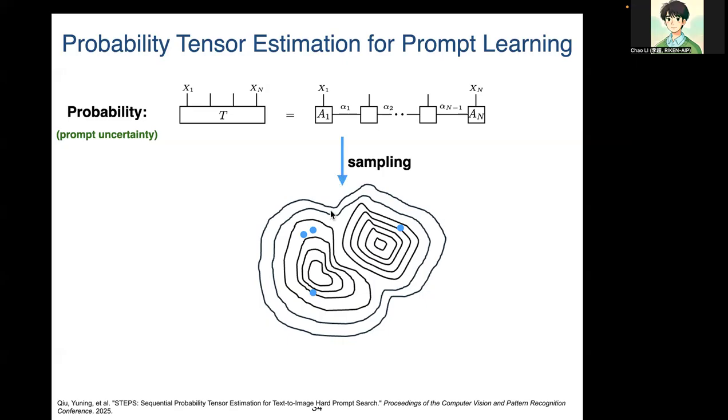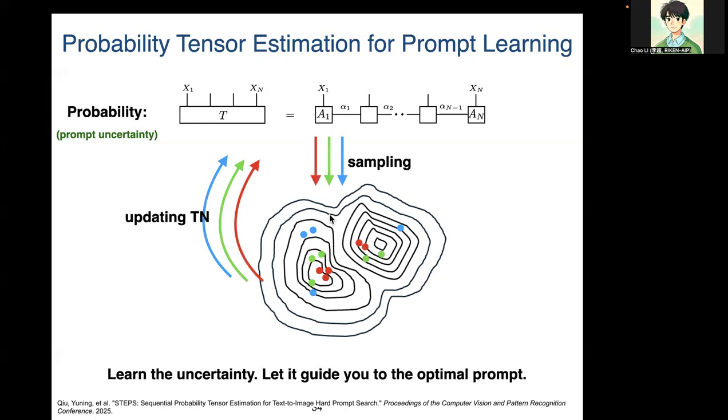That evaluation result is then used to update our probability model, the tensor network itself. By iterating this process, sampling, evaluating, and updating, we gradually narrow down on the optimal prompt while exploring the space efficiently.